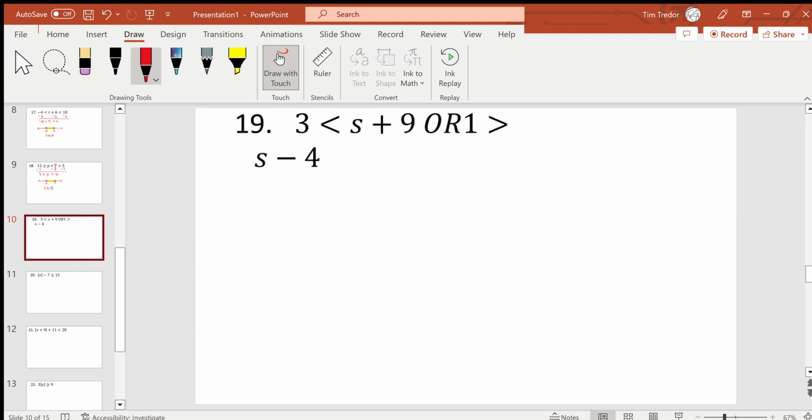Number 19, the text here got a little out of order. So let's take a look at it over here.